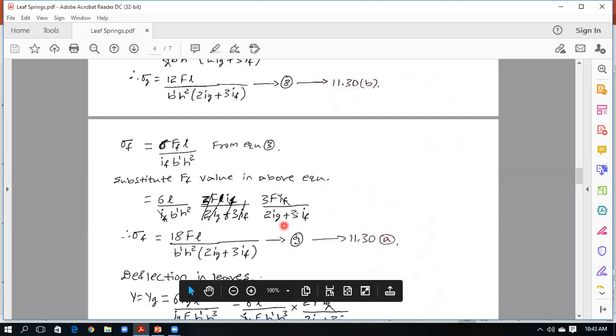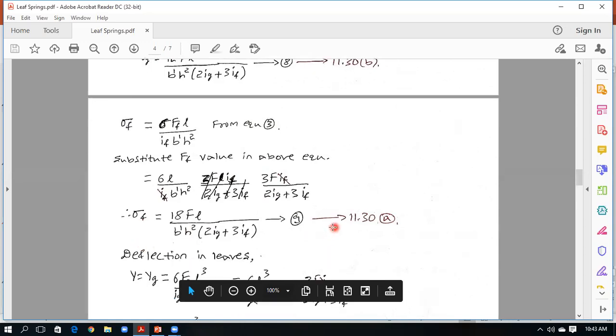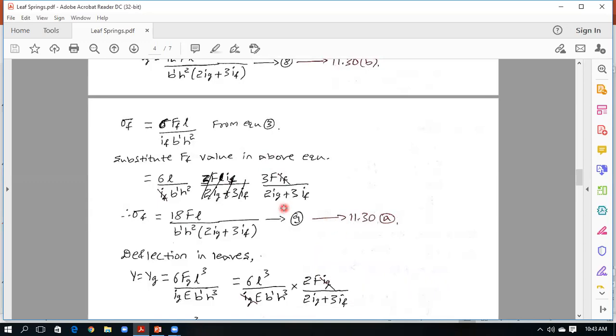Substitute that. After all the calculations and cancellations, you will get the stress in the full length leaves. This is there in your data book, 11.30a.